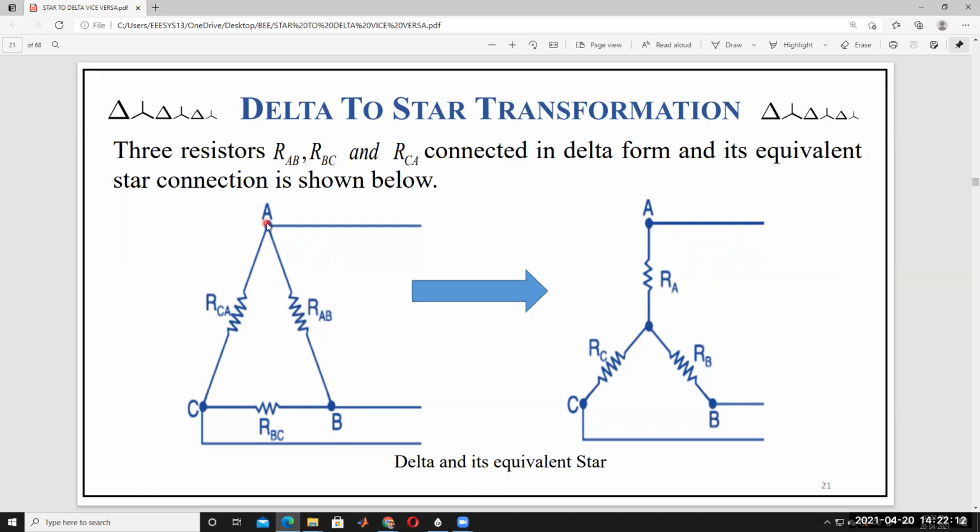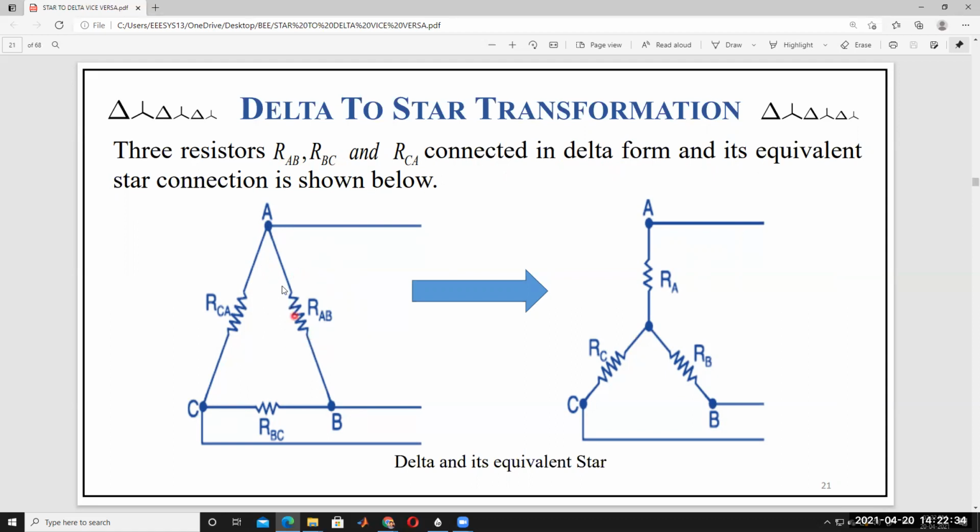RAB is connected between A and B, that's why it is called RAB, RBC between B and C, and RCA between C and A. Three resistors RAB, RBC, and RCA connected in delta form, and its equivalent star connection is shown below.